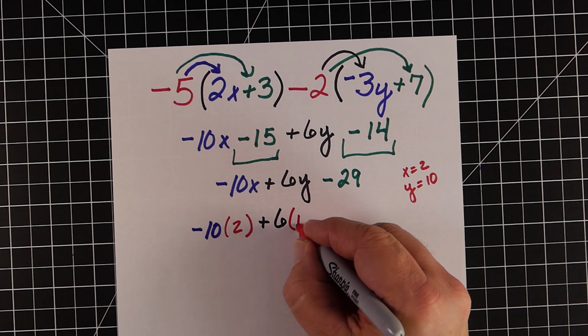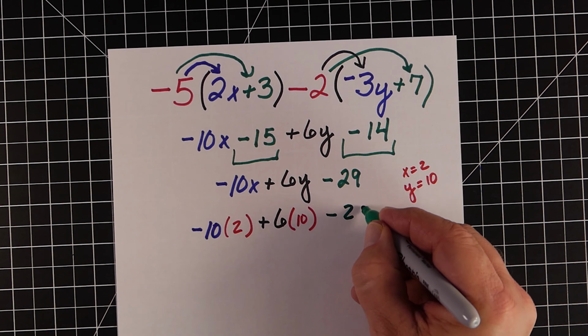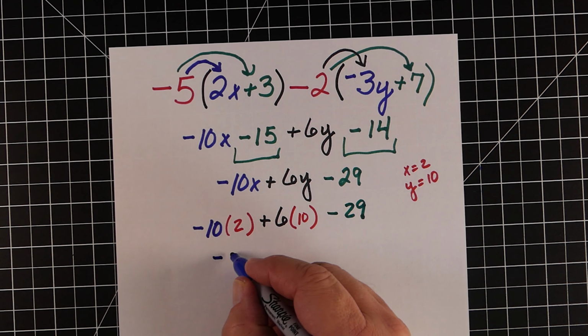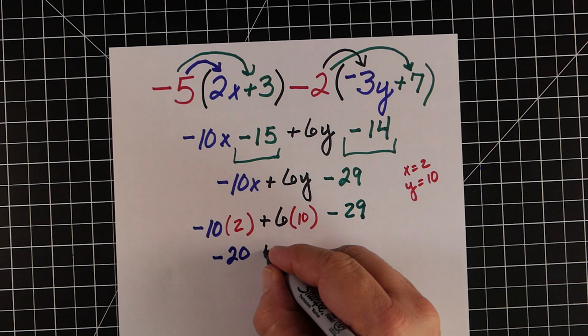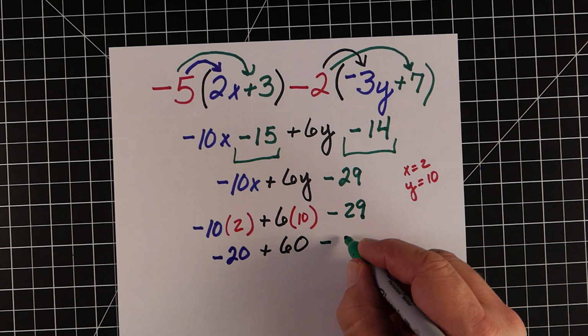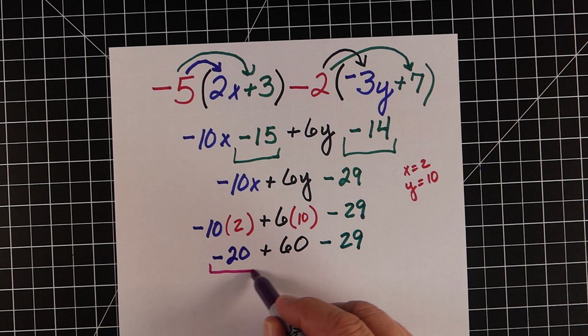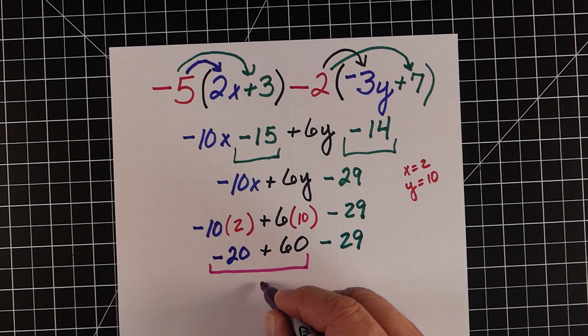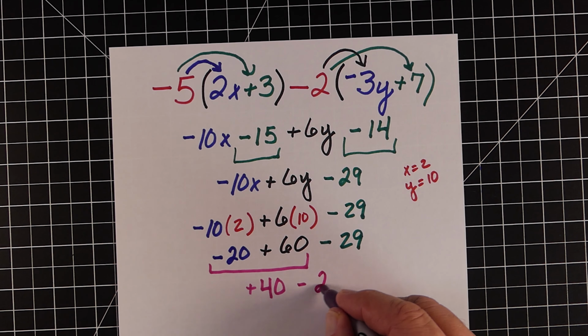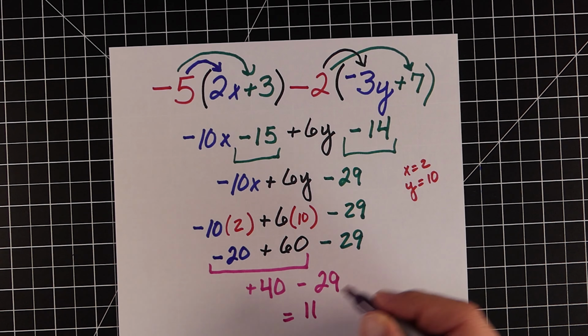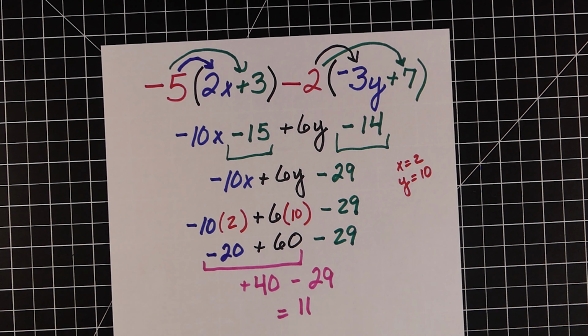We would go through and substitute the x. We put a 2 in there for the x. We would put a 10 in for the y. So when we go to solve this, negative 10 times 2 would be a negative 20. 6 times 10 is 60 minus 29. When we actually go ahead and combine these, negative 20 plus 60 is a positive 40 minus 29, and that would be a positive 11.